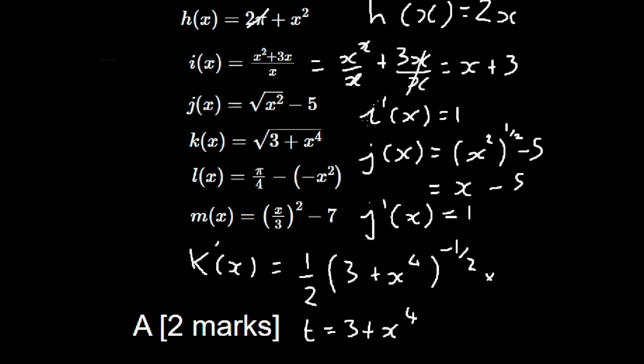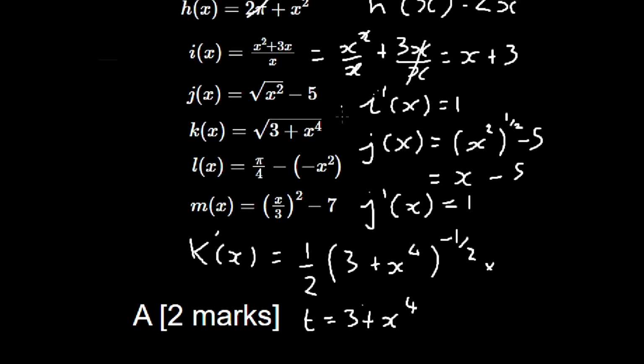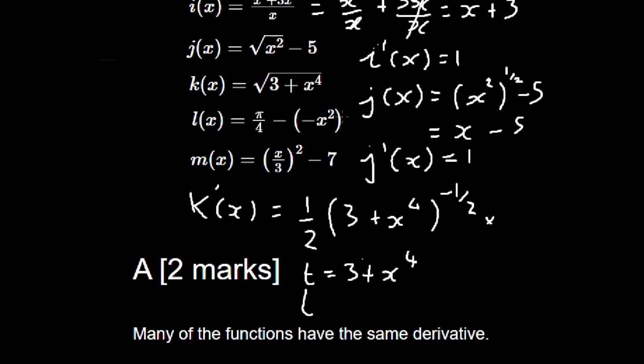And then the differential of this one with respect to t, again, that 3 does nothing because it's a constant, but something happens with the x to the power of 4, and we get that value there. And that is equal to the value of k there.